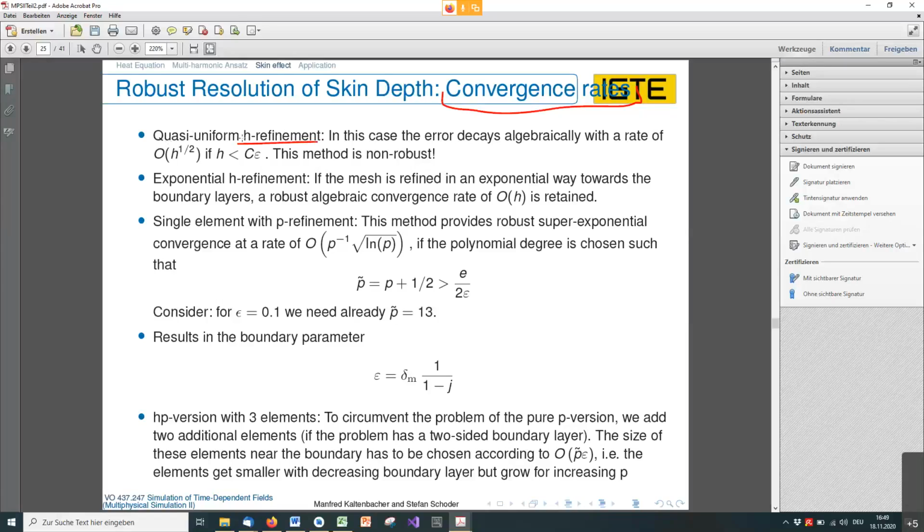If we do it quasi-uniform, do you have an idea what this means? Do you know what's quasi-uniform? So maybe in some parts, it is not everywhere the same.